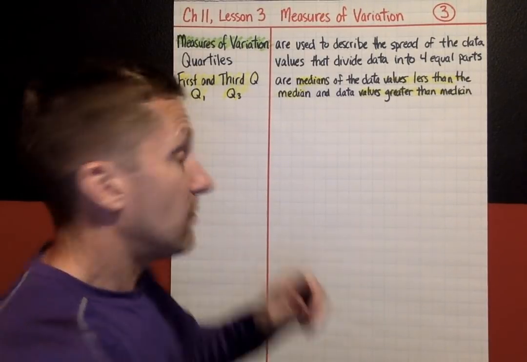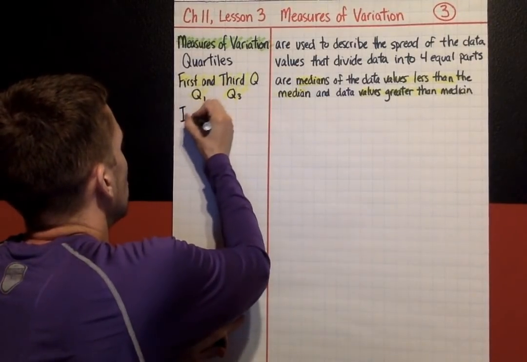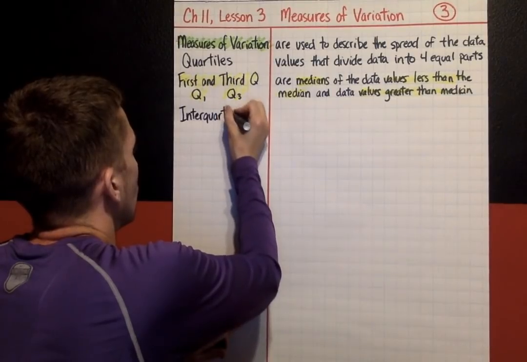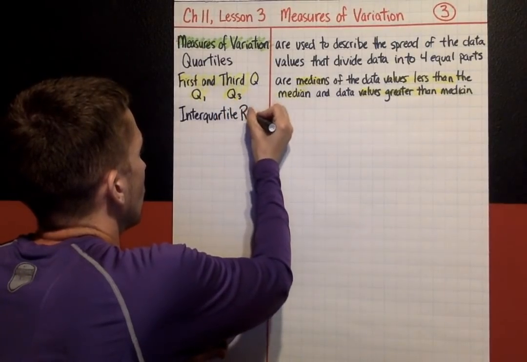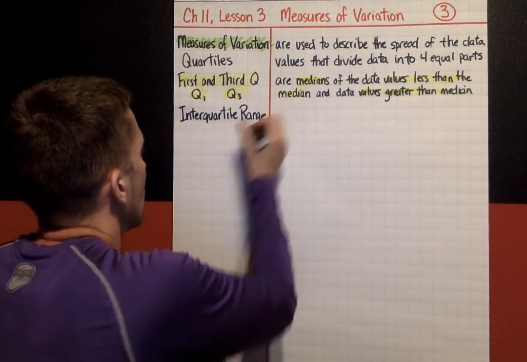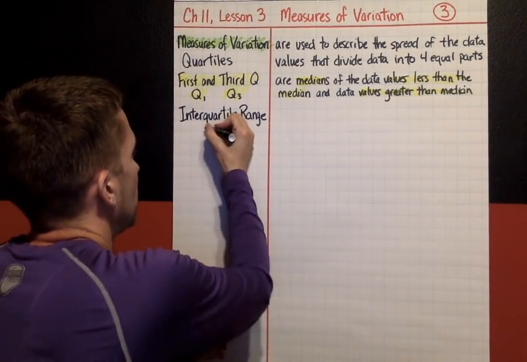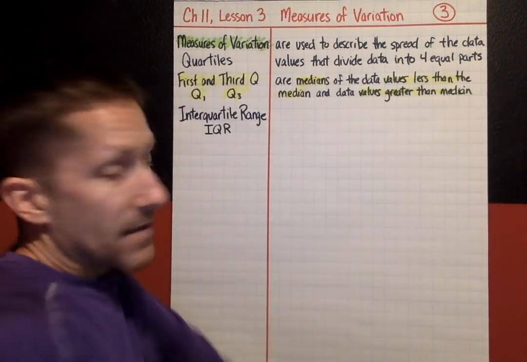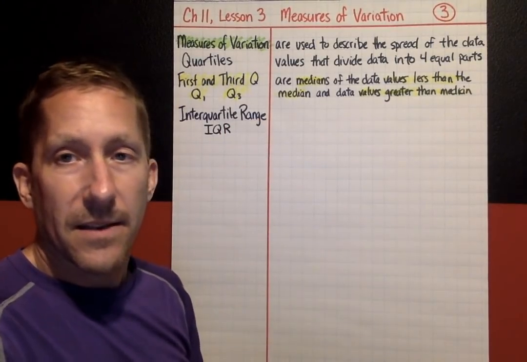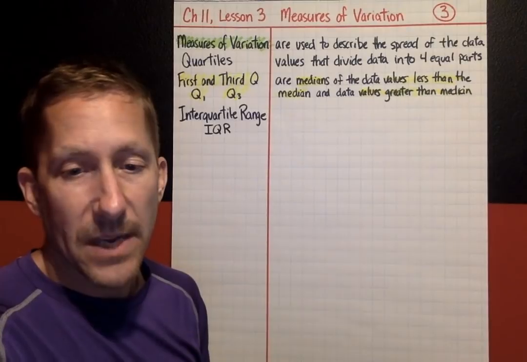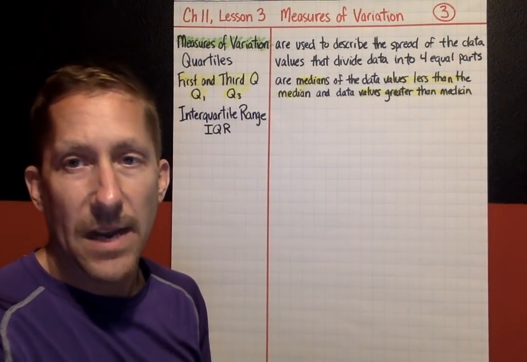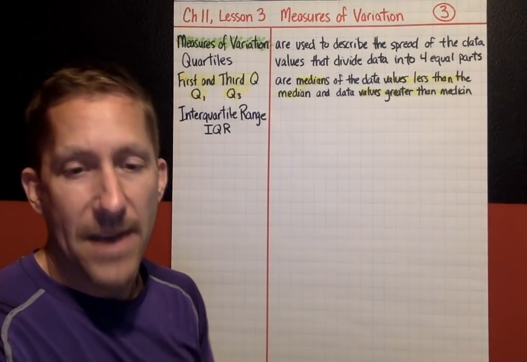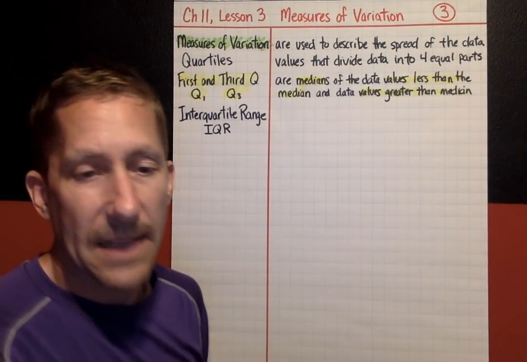The interquartile range. We also abbreviate that IQR. That is simply the distance between the first quartile and the third quartile. So you subtract the third quartile minus the first quartile to get that.